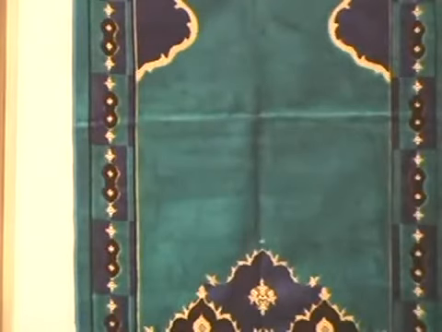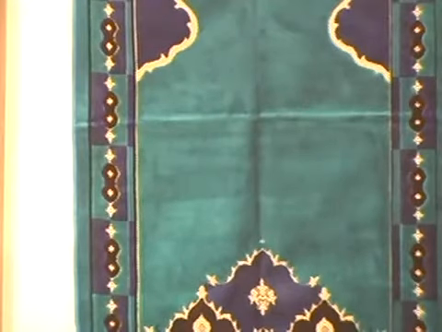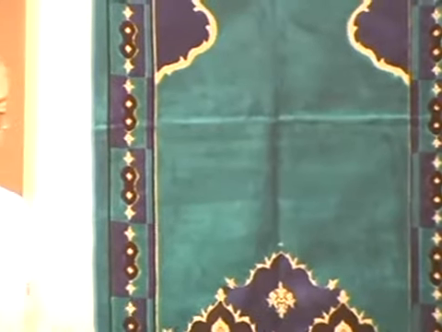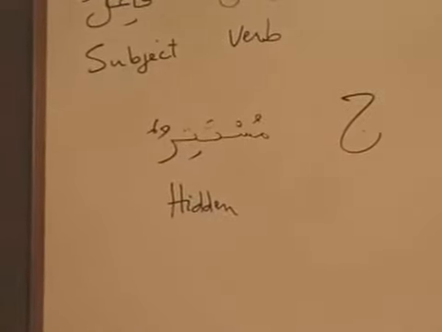Fine. Now we come to the most important thing. Look at kharaja. How many letters? 3 letters. Okay. Kha, ra, and then jeen. Kharaja is a 3-letter verb.